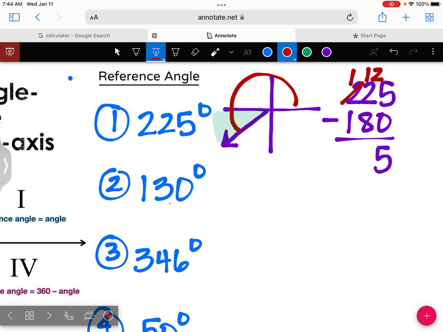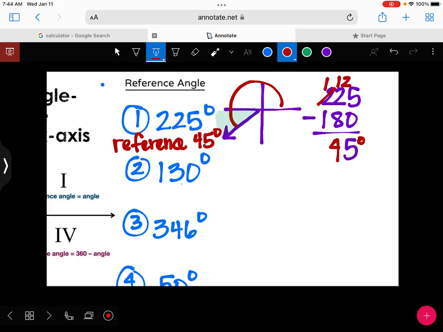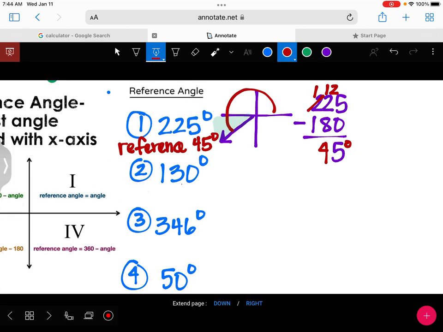So you have 12 minus 8, which is 4, so 45 degrees. So the reference angle for number 1 is 45 degrees. A 225 degree angle has a reference angle of 45 degrees.